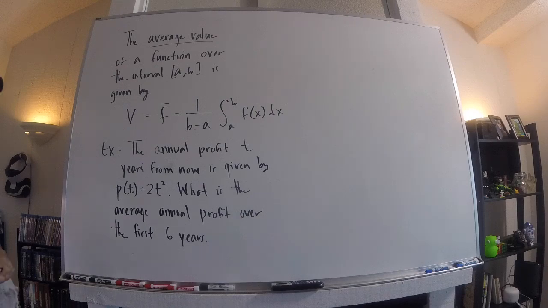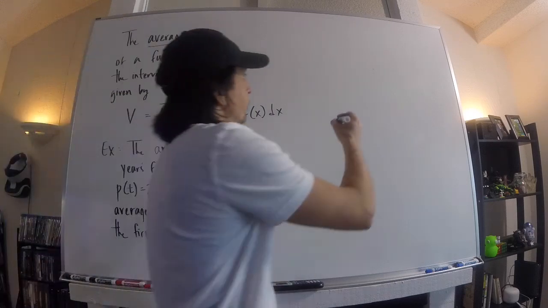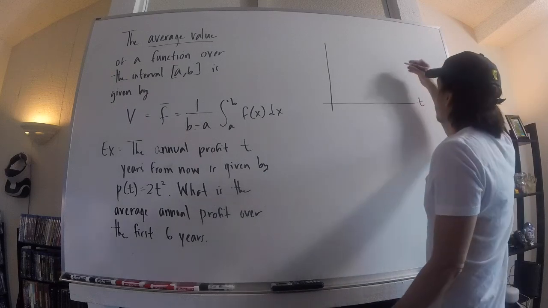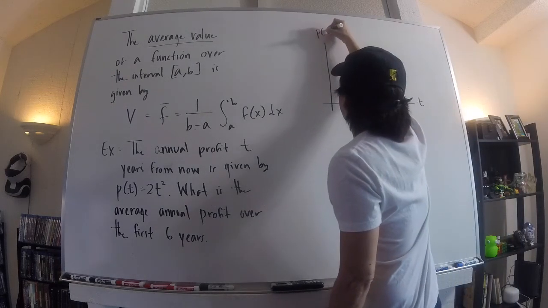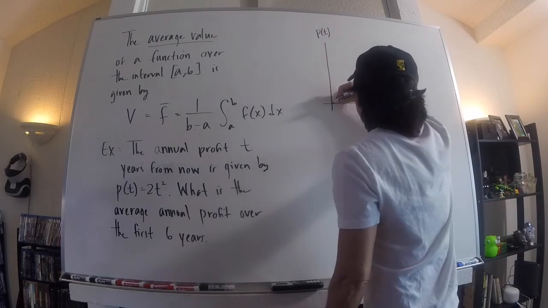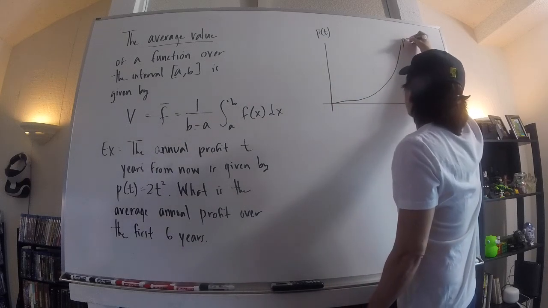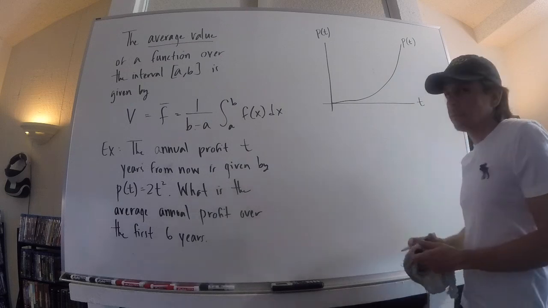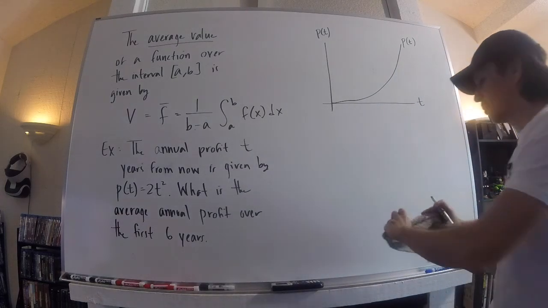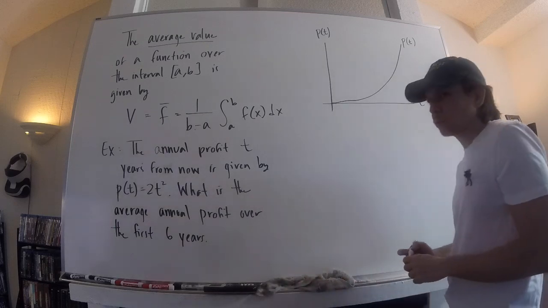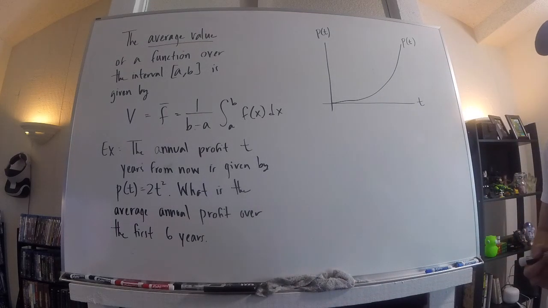Okay, so we're using that same annual profit function, which I'm going to draw. Oh, let me take a moment because I was worried about sticking with only one function. Doing the total profit for a situation like this is straightforward.